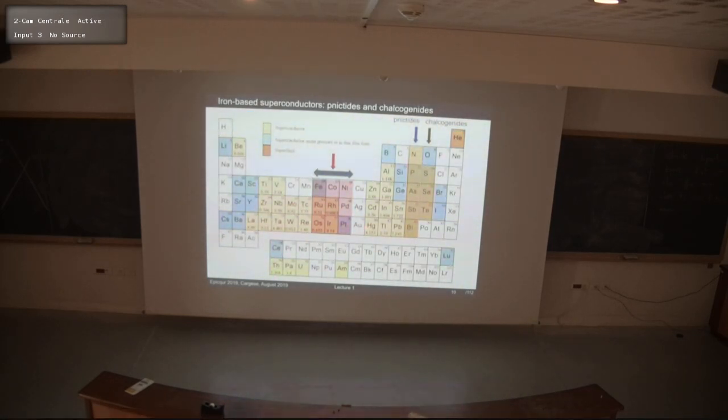So if we look in the periodic table, another issue of terminology: often you might hear about pnictides and chalcogenides, and this is because if you use a bonding element which belongs to the nitrogen group, so if I have phosphorus, arsenic, then they are called pnictides. But if you use a bonding ion from the chalcogen family, the sulfur or selenium or tellurium, they are called iron chalcogenides.